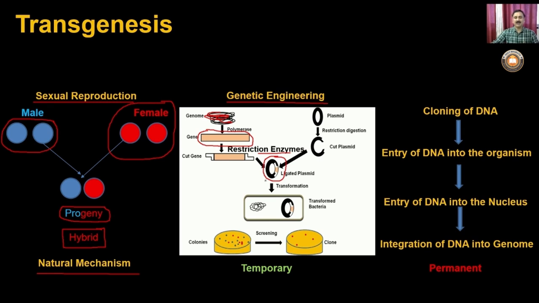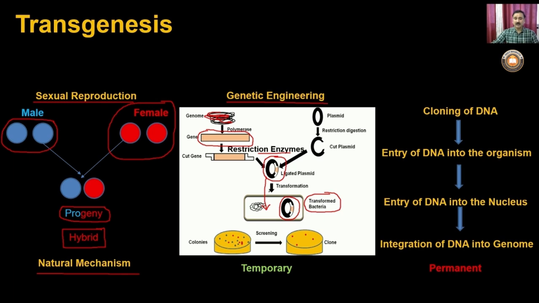This chimeric DNA then has to be introduced into the organism of your choice, and at this stage this DNA can remain within the cytosol. For example, when we introduce this into bacteria, it gives you transformed bacteria. But there are other cases.